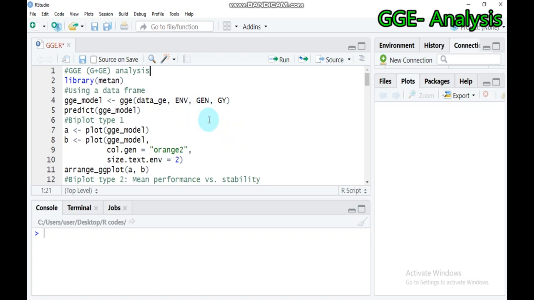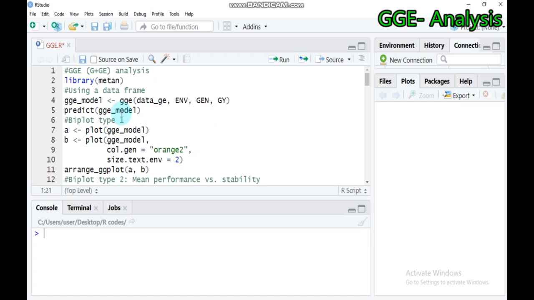That means the singular value is symmetrically partitioned into the genotype and environment eigenvectors. This SVP is most often used in additive main effects and multiplicative interaction analysis and other biplot analyses, but it is not ideal for visualizing either the relationship among the entries or among the testers.